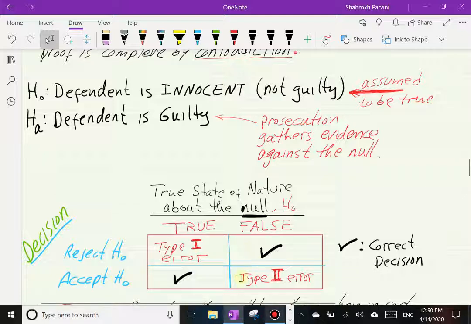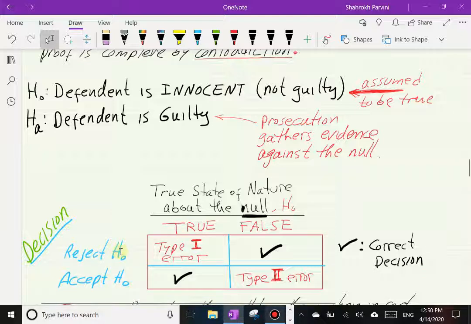Now, the way this table is composed is simple to follow. If I look at the first row, first column, remember the true state of nature about the null is true. What that meant in the case of our court system is that the defendant is truly innocent. This person sitting there in the defendant's chair is innocent. The jury comes out and they reject the assumption, the hypothesis of innocence.